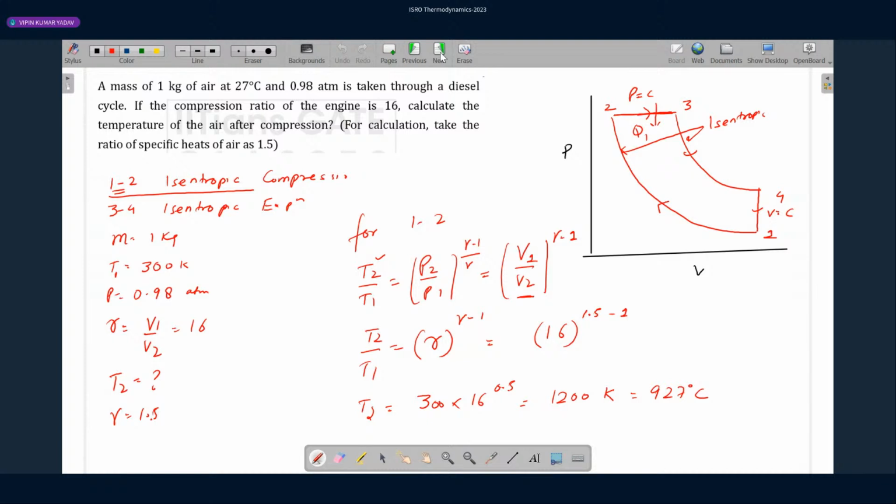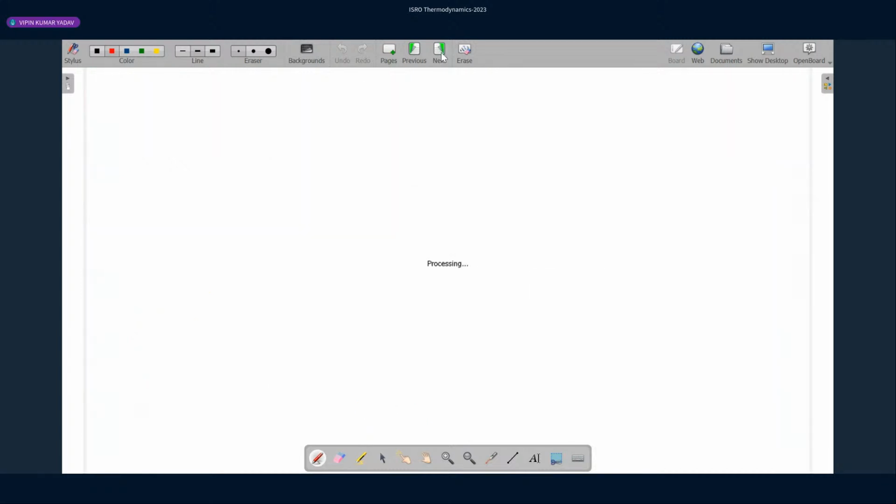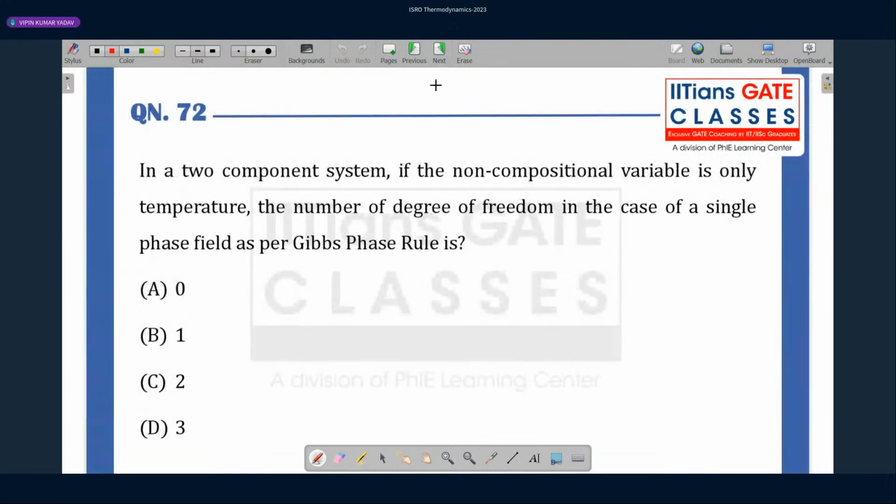Chalo. So I think this was the last question for this session. In a two-component system, if the non-compositional variation is only temperature, the number of degrees of freedom in the case of a single phase field as per Gibbs phase rule is... So what is Gibbs phase rule?